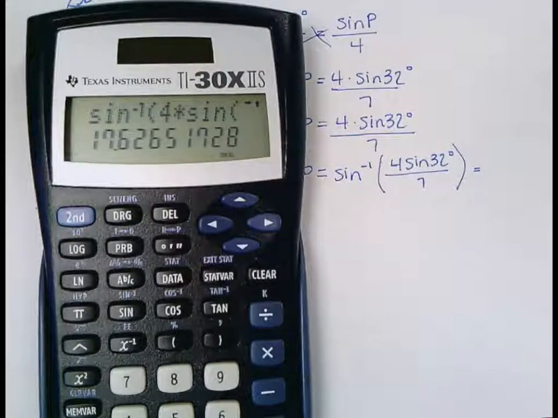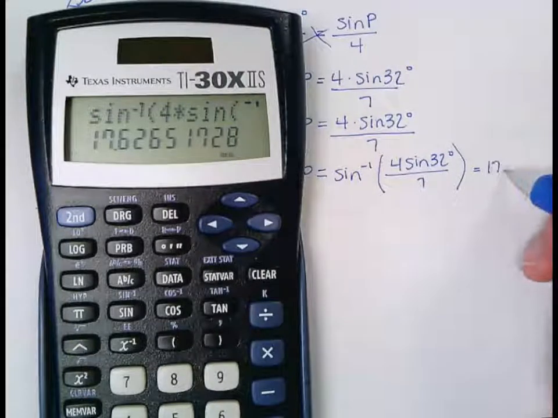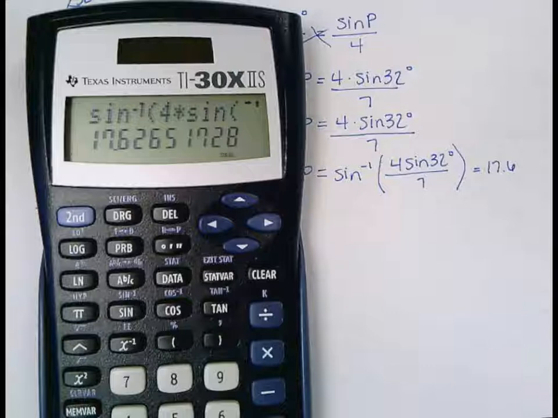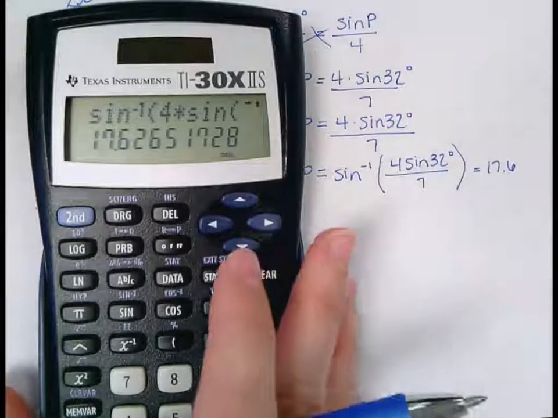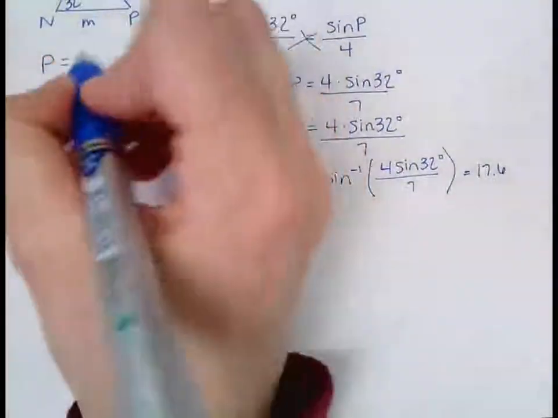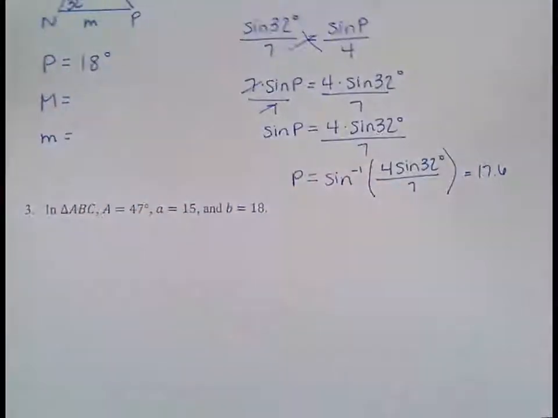It's about 17.6. Angles you want to round to the nearest degree, so you'd round this up to 18 degrees. So angle P is about 18 degrees.